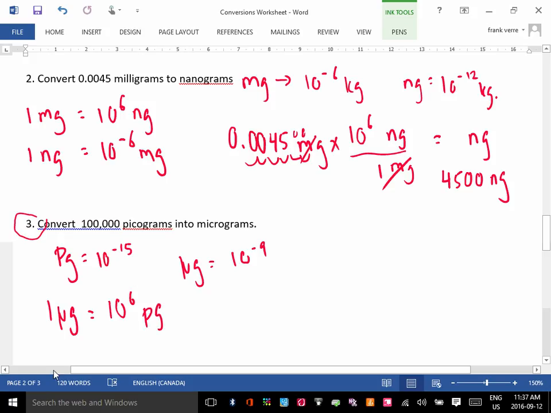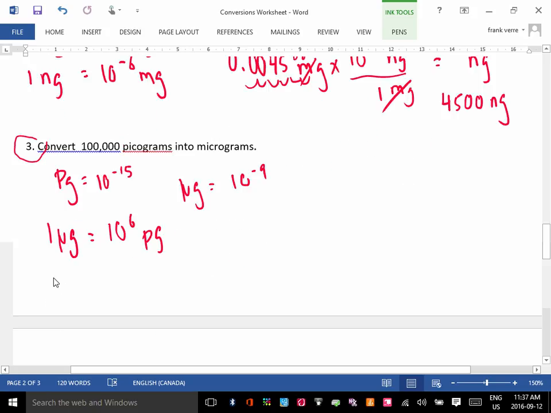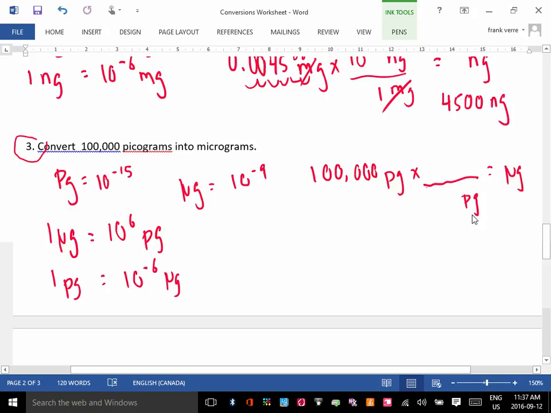Picograms, or we could say 1 picogram is the same as 10 to the negative 6 micrograms. Okay, they're equivalent. So in this case, we have 100,000 picograms, and we want our answer in micrograms. So we're going to get rid of the picogram.